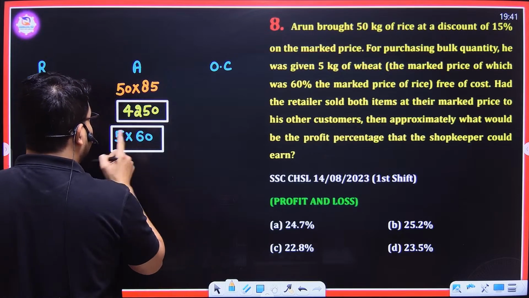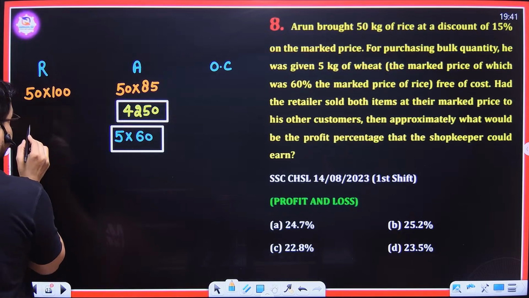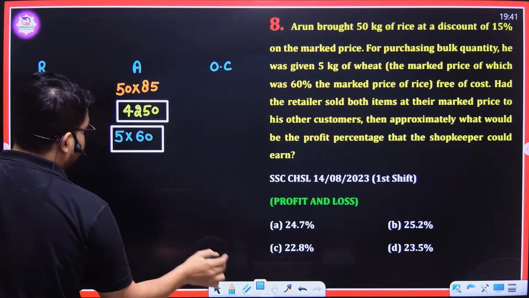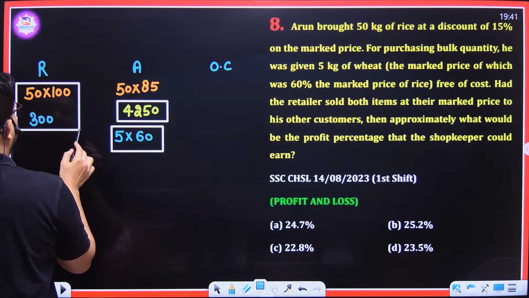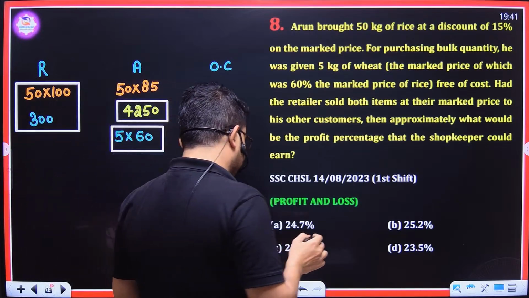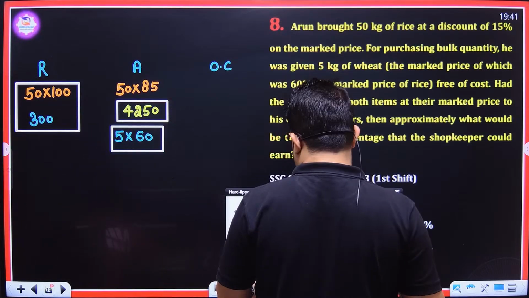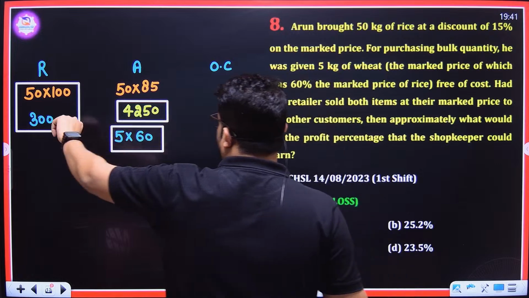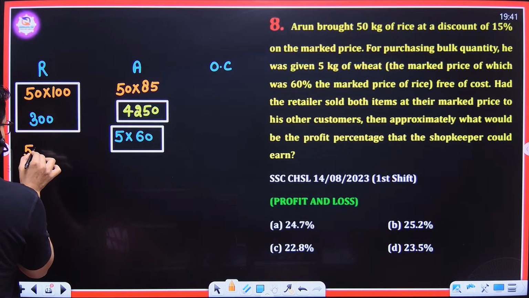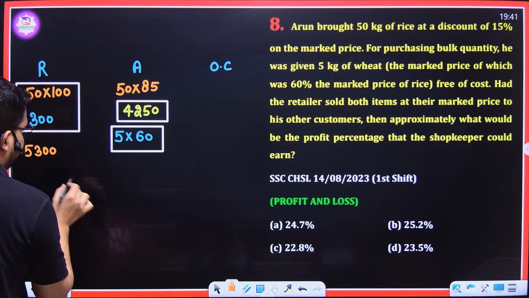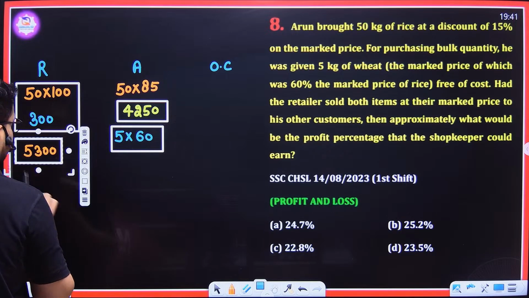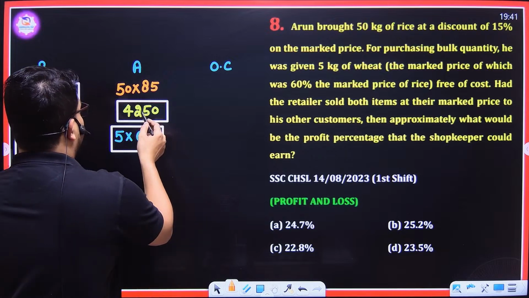This one is free only for Arun, but the retailer has to bear the cost because it went from the retailer's shop. This rice will be taken by Arun from his shop. It means the retailer's 5300 rupees of material will be out, but he will get only 4250.